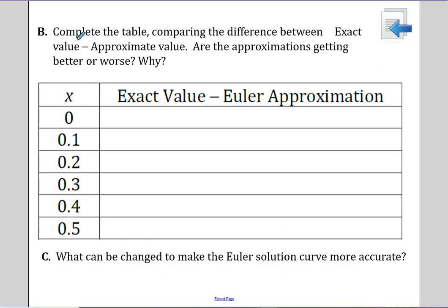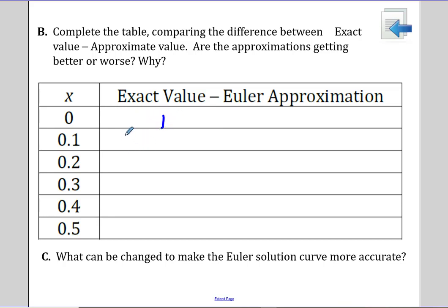In part B, we want to complete the table comparing the difference between the exact value minus the approximate value. And are the approximations getting better or worse? So we want to look at the exact value of 1 minus 1, and 1 minus 1 is going to give us 0.